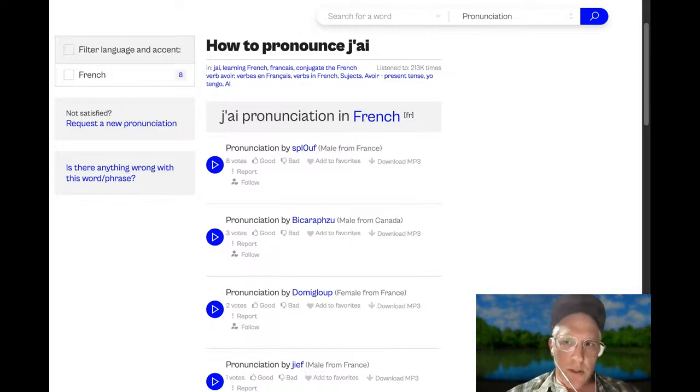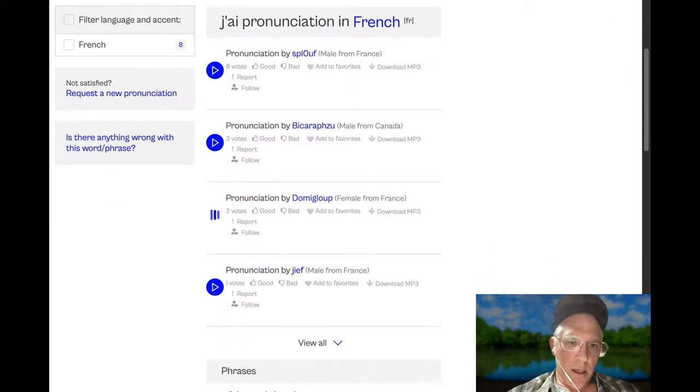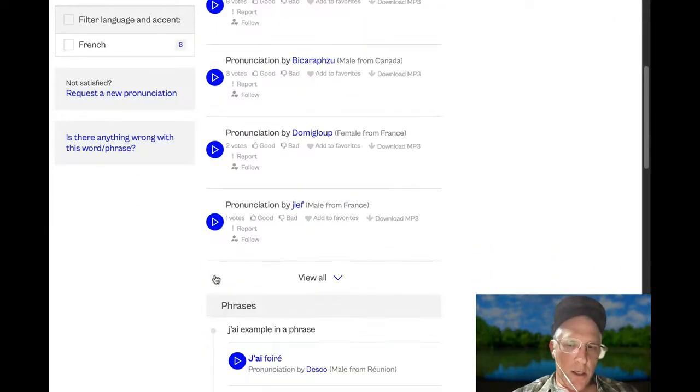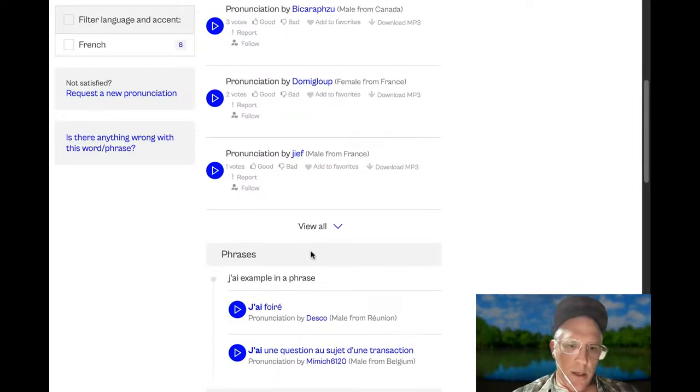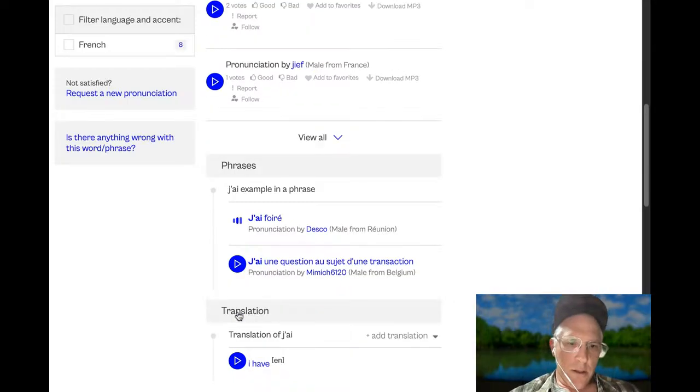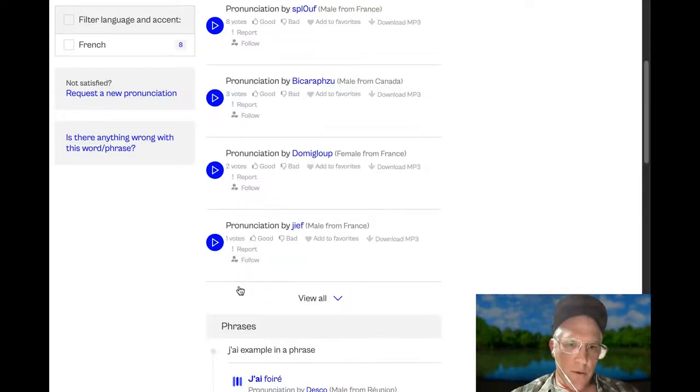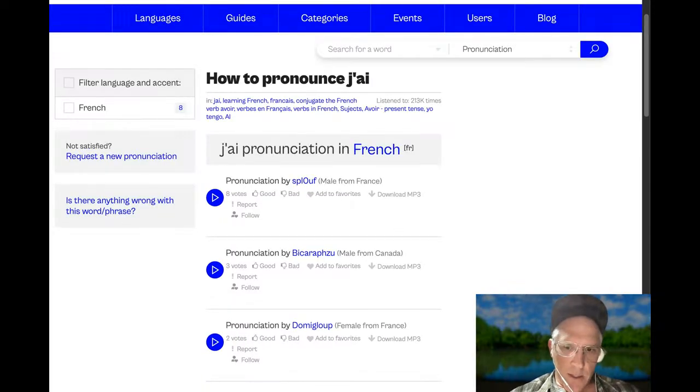So let's start with J. Now the question is, is this the J sound or something else? J'ai, J, j'ai, J, j'ai foiré. J frère. From my feeling, it looks like it's J. So I think the J is the underline.